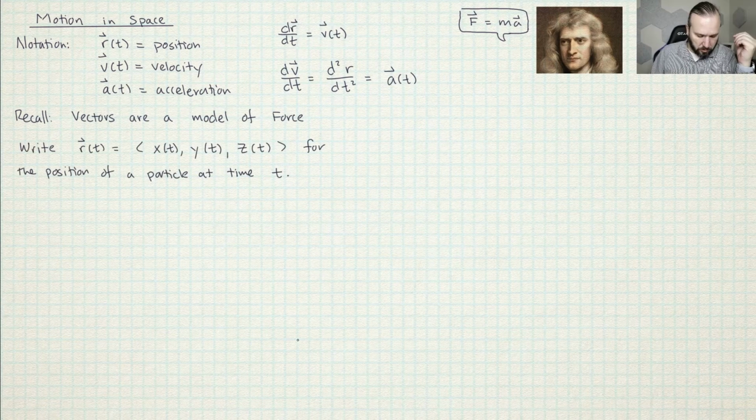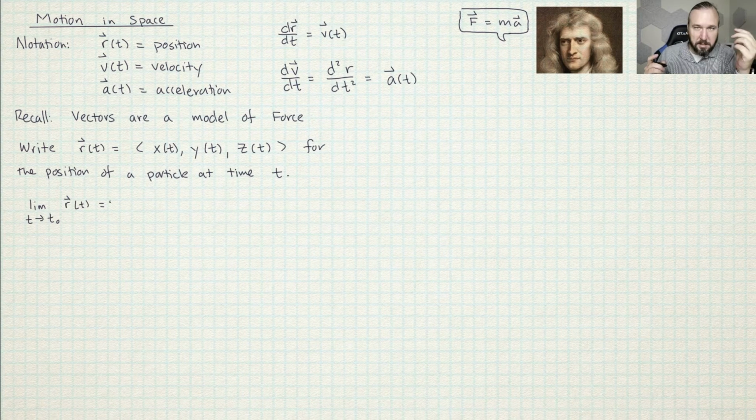position. So what this means is we have a vector, and the coordinates of the vector represent the position of a particle, and those coordinates depend on time. So I'm just going to name those coordinates x and y and z. So the question is, how do we define the limit of the position of a particle?